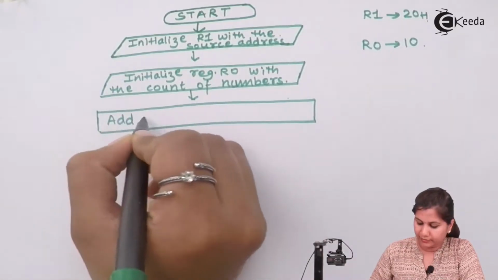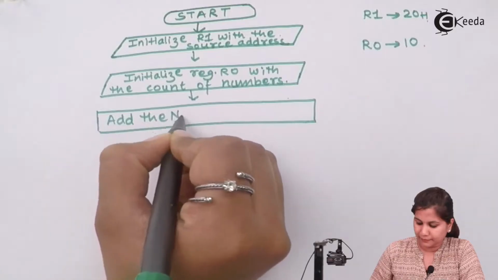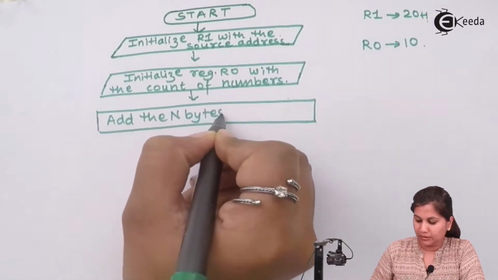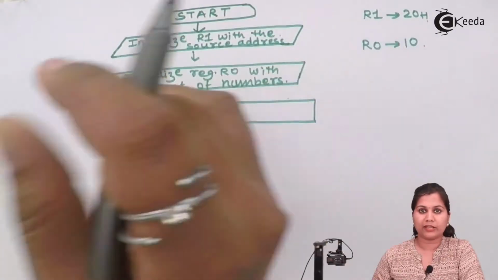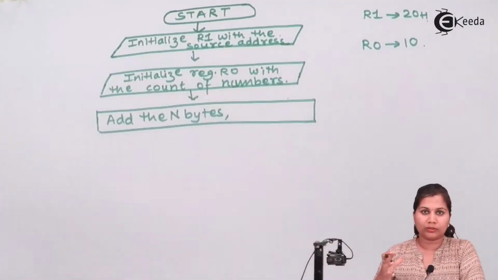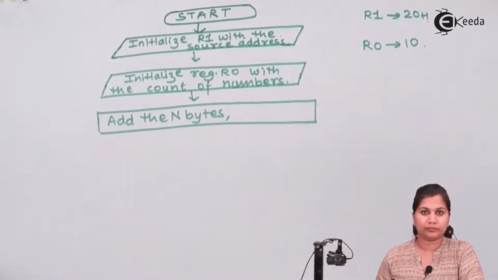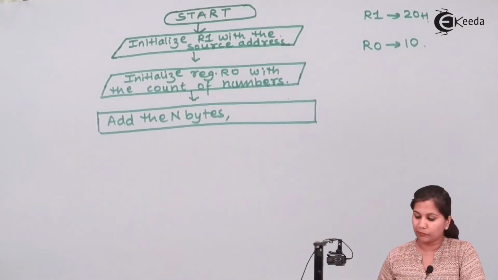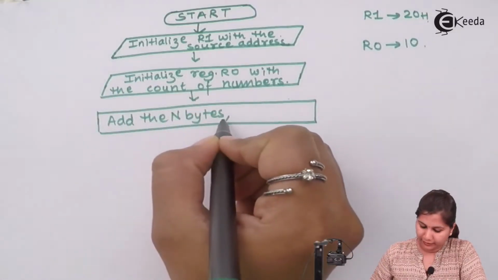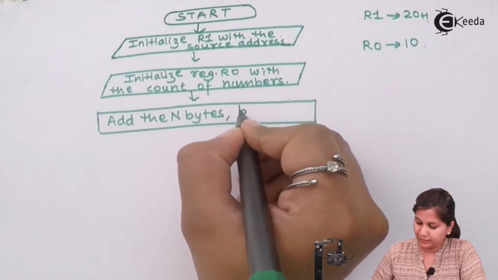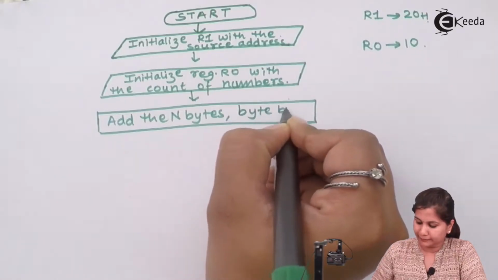we have to add the n bytes, meaning all the 10 numbers we have to add. Now the 10 numbers cannot be added simultaneously; these numbers will be added byte by byte. So add the n bytes byte by byte.